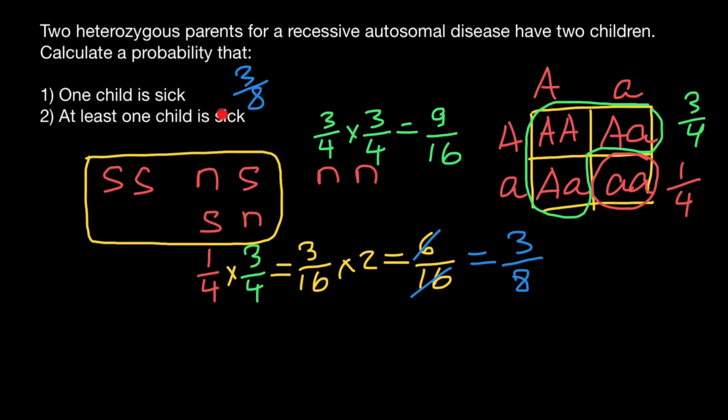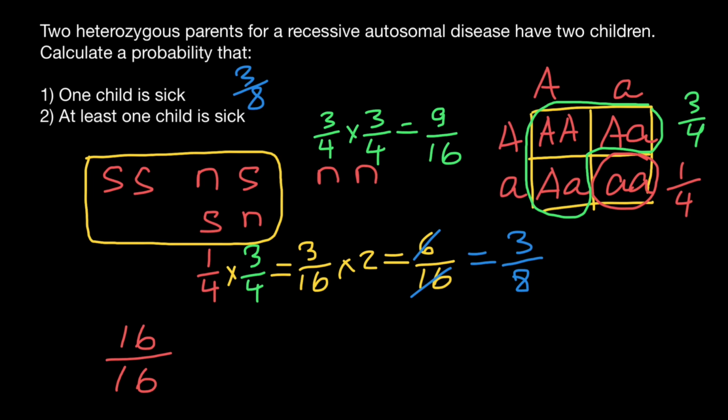But our question is about the probability that at least one child is going to be sick. If we consider all this group, we can say that this group represents 100% of all different kinds of probabilities, which is going to be 16/16, which equals 1 or 100%.